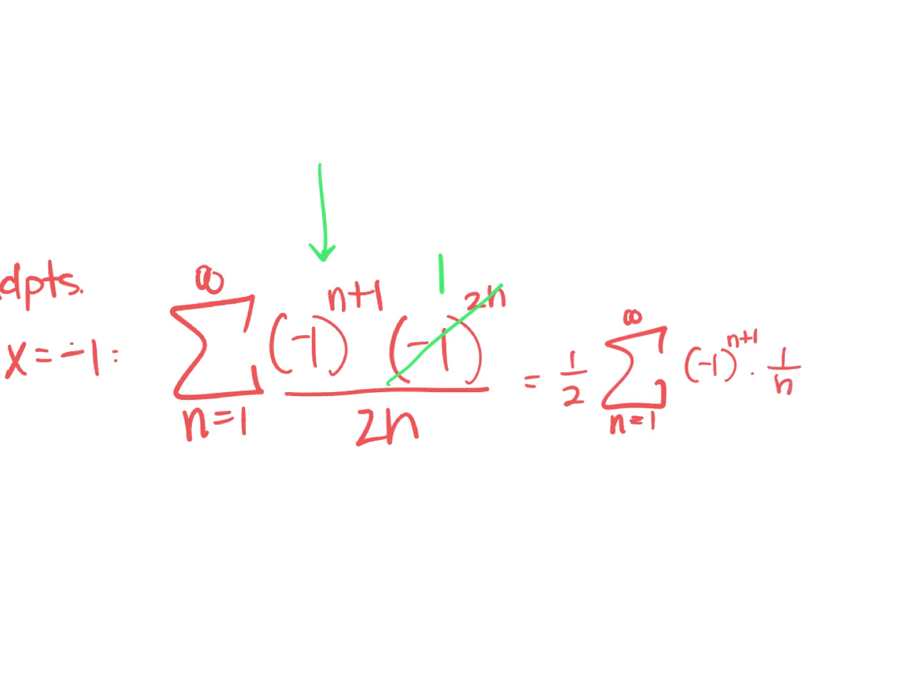Do you recognize that? Kaylin says yes. What do you recognize it is? Alternating harmonic series. It's very good. So this is the alternating harmonic series. Even though it's multiplied by 1/2, still the alternating harmonic series. So what do all alternating harmonic series do?